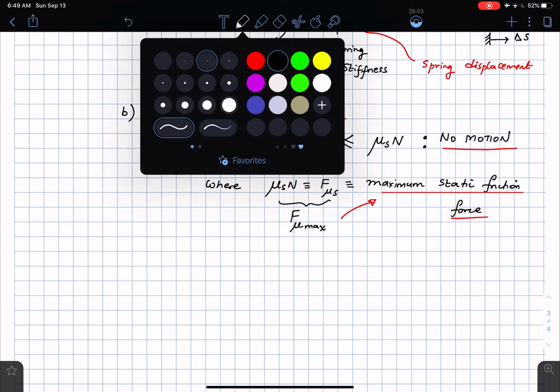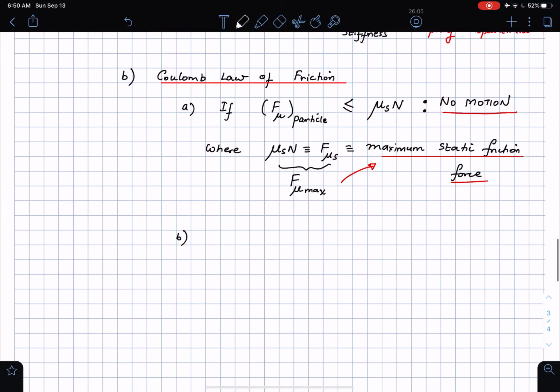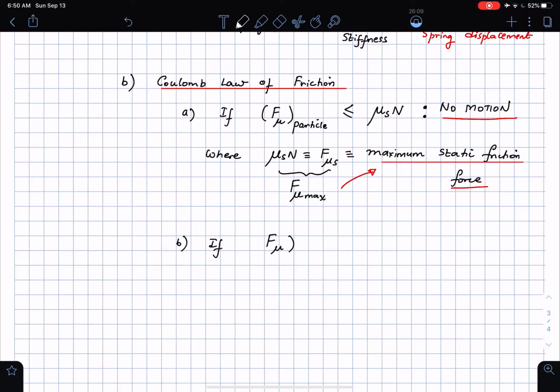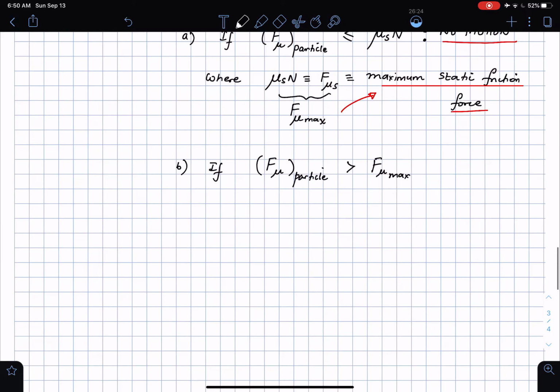And then you come to the situation where, if F mu on the particle is greater than F mu max, then this violates the law, which implies that F mu on the particle has to be equal to mu k times N, and there is motion taking place.